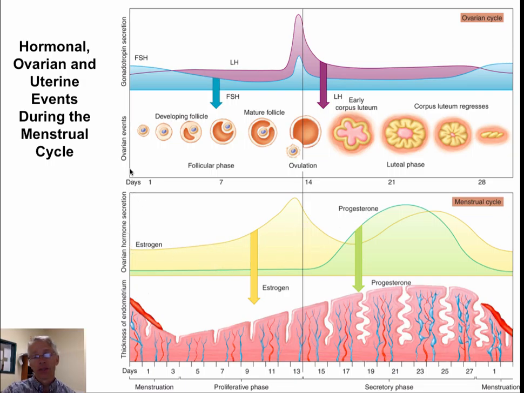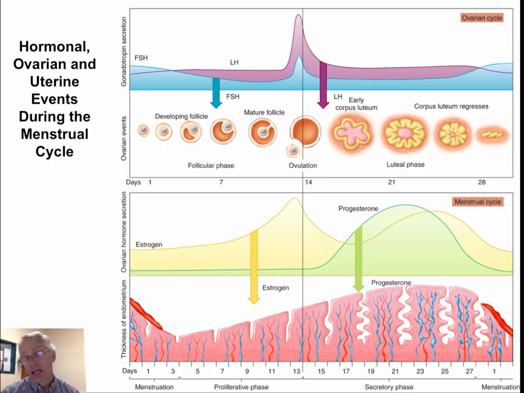If we say that day 0, the beginning of a menstrual cycle, is the beginning of menstruation, a menstrual period, we can track these changes that take place in the lining of the uterus on the bottom with the hormones, estrogen, progesterone, LH, and FSH, and then with the ovary where we just tracked those changes on the previous slide.